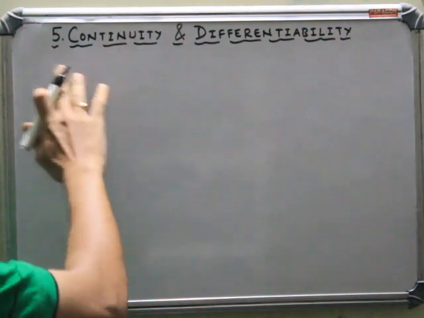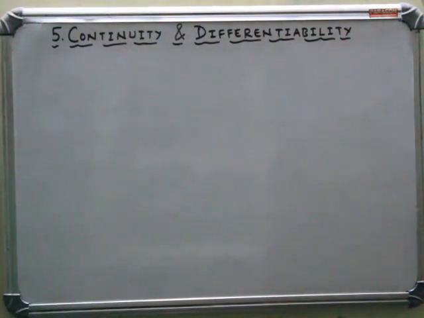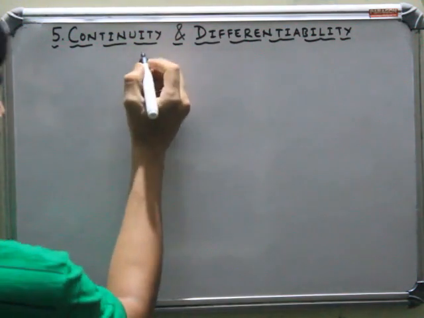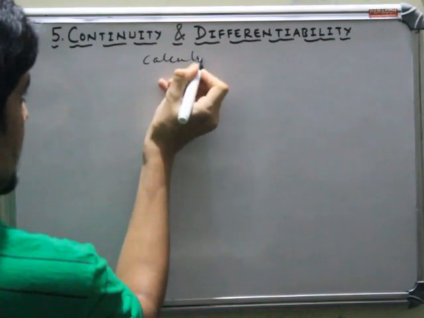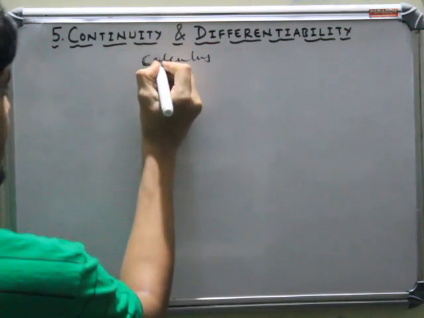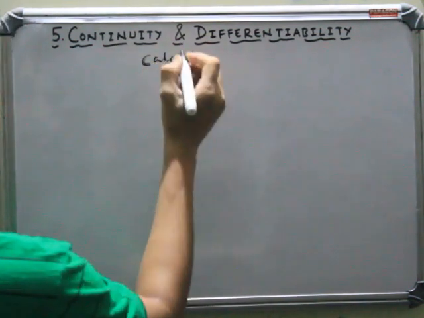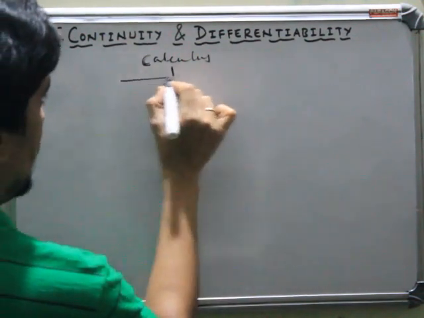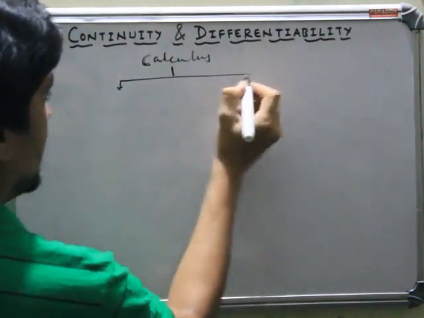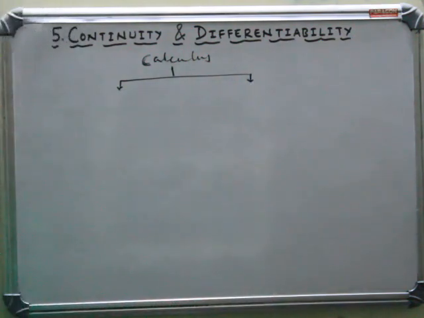So this particular chapter belongs to a branch of mathematics called calculus. Under calculus there are two categories, that is two different chapters you will study for your CBSE class 12 or 2nd PUC math syllabus.